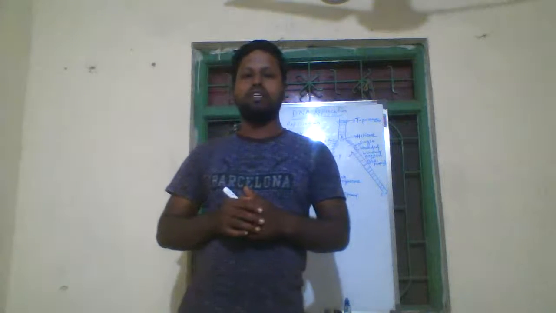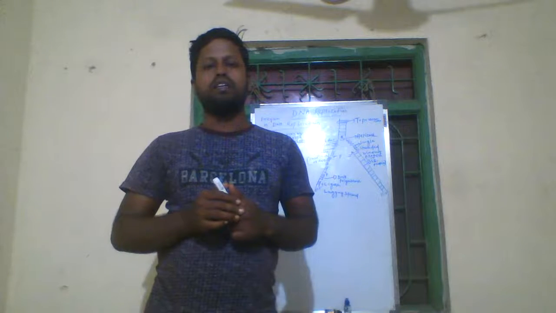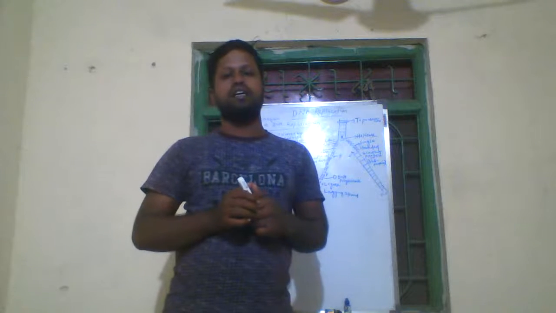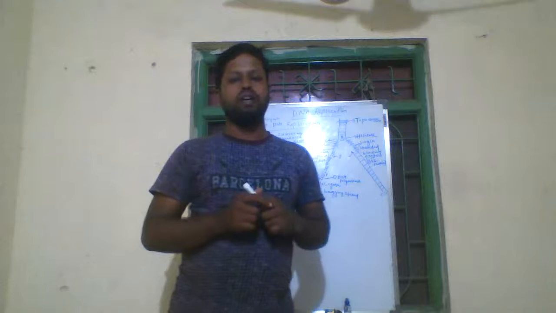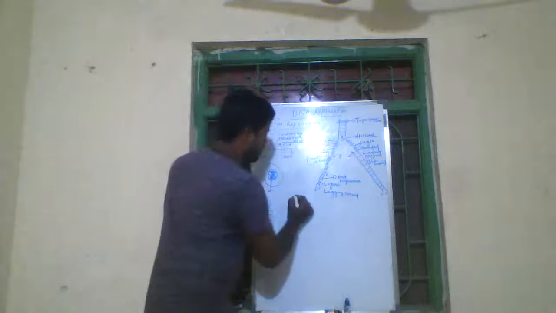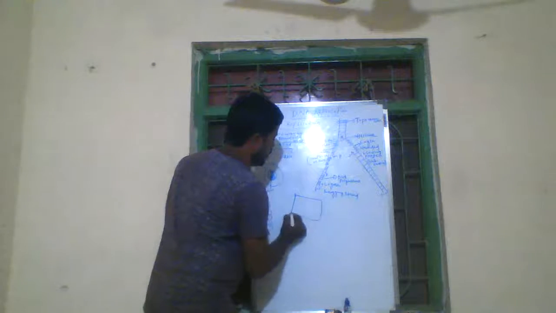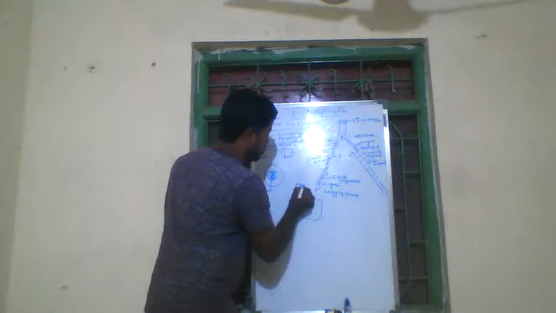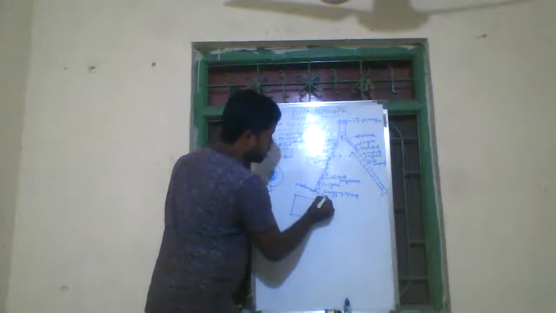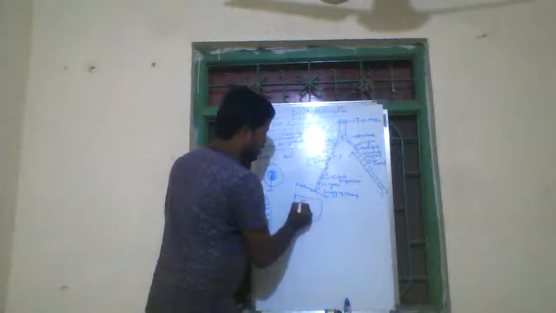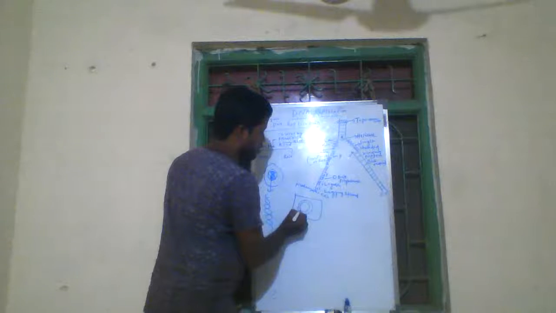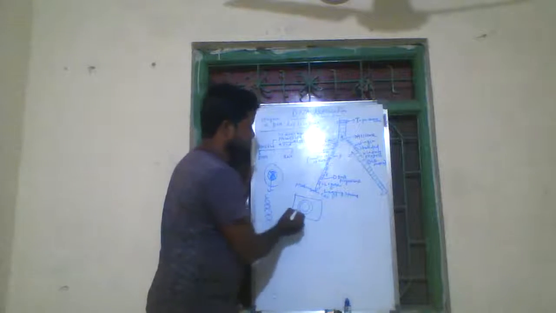When it starts to replicate, it happens in two ways. In the case of a prokaryote, it starts at a specific point. Suppose in a prokaryotic cell, this is the DNA, and it starts at a specific site.